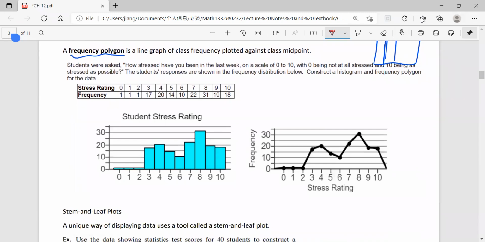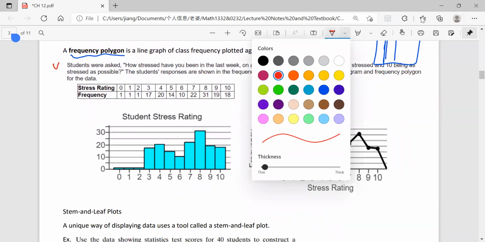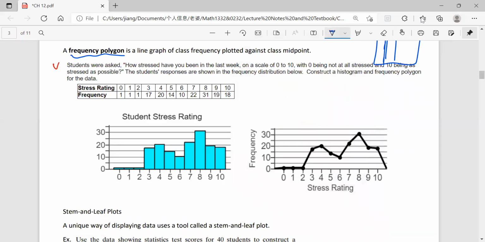Okay, let's see the example. Students were asked, how stressed have you been in the last week? On a scale of 0 to 10, with 0 being not at all stressed, and 10 being as stressed as possible.